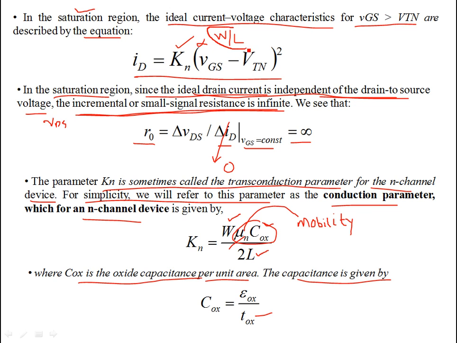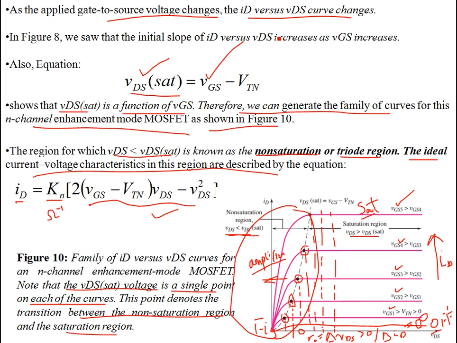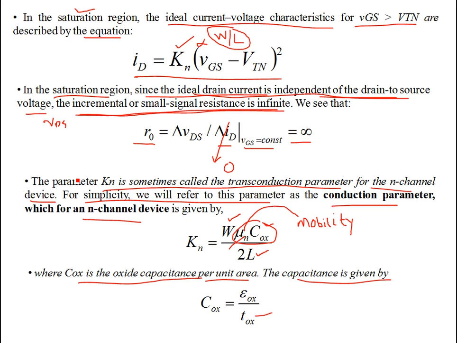The drain source current is dependent on the geometrical parameters of the MOSFET, with which the transistor is fabricated. If you select your width to length ratio as such, you are defining your IV characteristics from this parameter, the transconductance parameter, capital Kn.